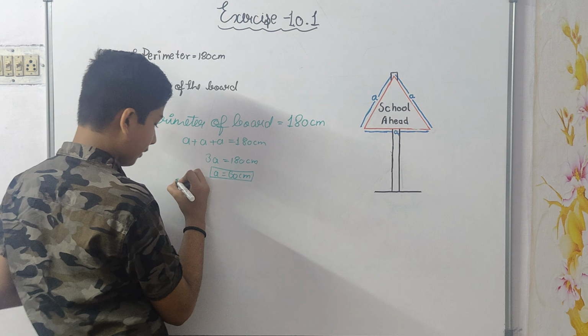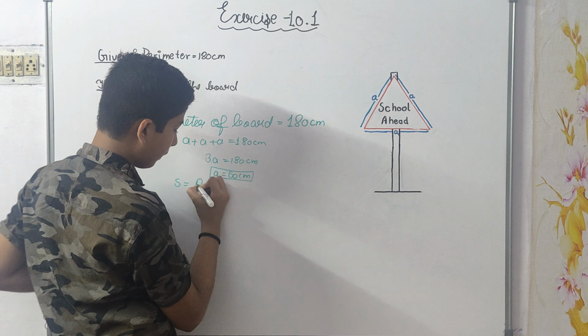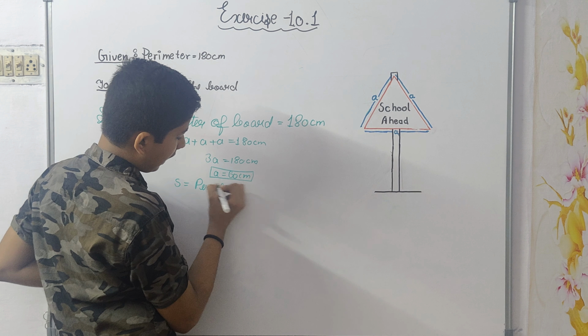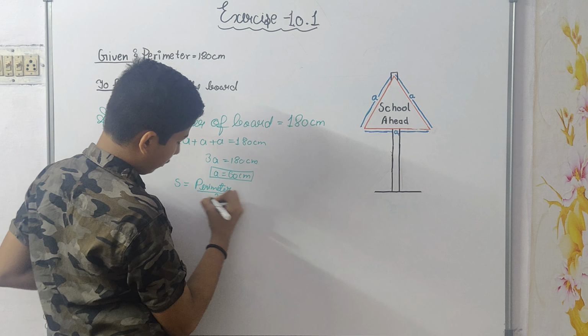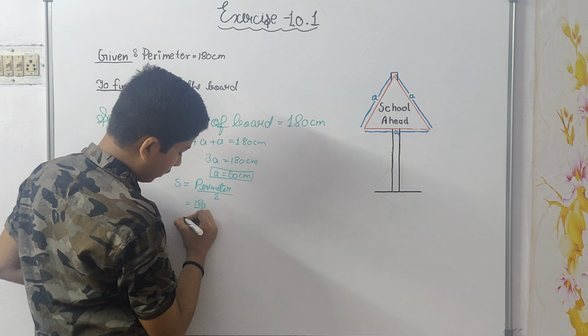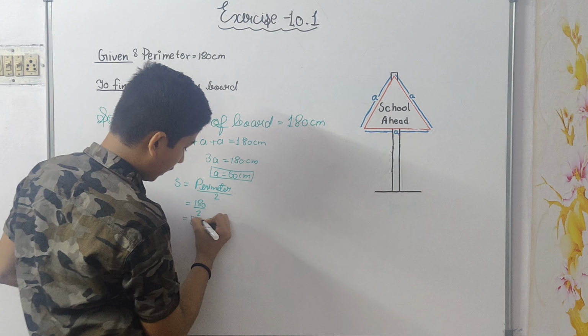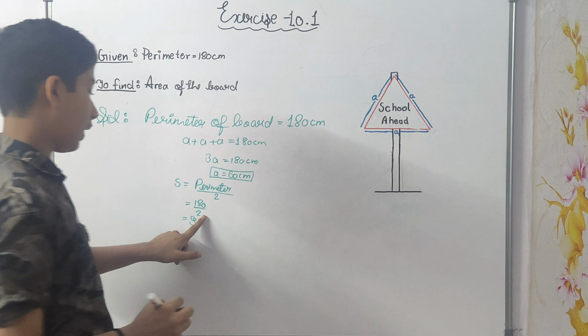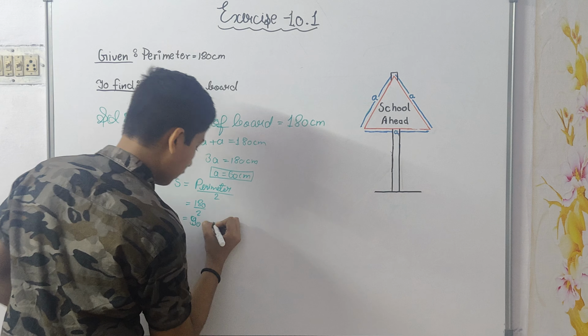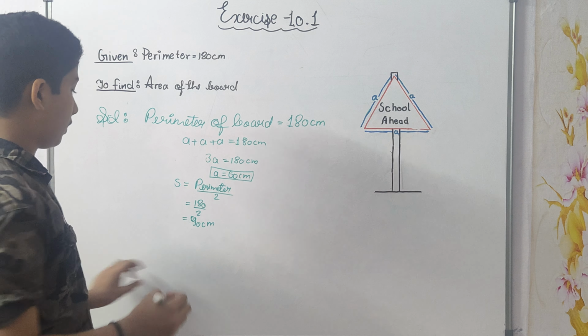Now we will find S, the semi-perimeter. S equals perimeter by 2, which is 180 by 2 equal to 90 centimeter.